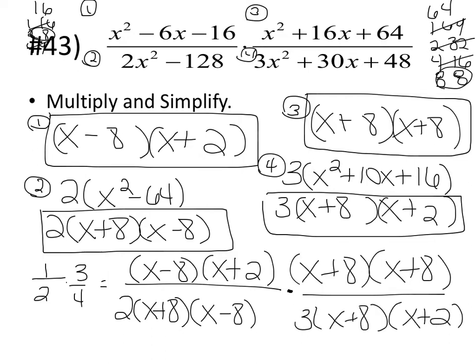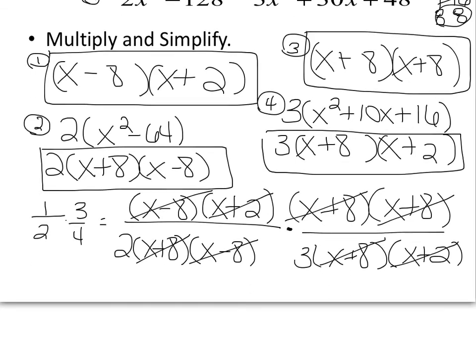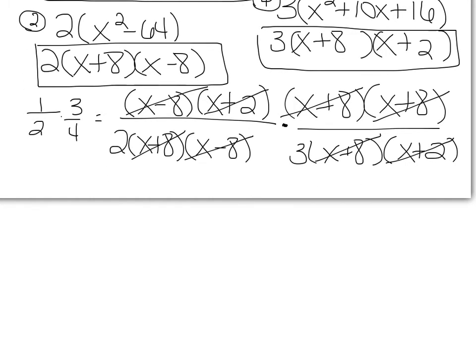So let's see what cancels. You've got an x minus 8 and an x minus 8 here, an x plus 2 and an x plus 2 here, an x plus 8 and an x plus 8 here, and an x plus 8 and an x plus 8 here. So in the numerator, you're just left with 1, because there's nothing left up there. And in the denominator, you're left with 2 times 3, which is 6. So your answer is just 1/6.